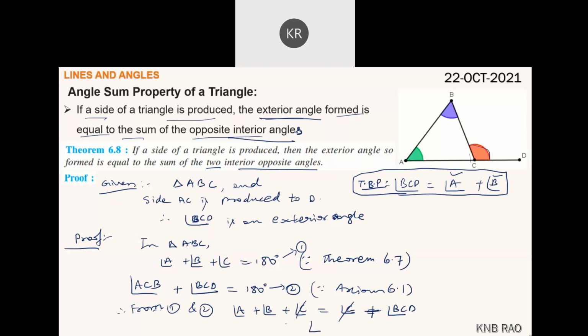So therefore, angle A plus angle B is equal to angle BCD. This is the one to be proved. Thus it is proved. This is how we do this. Theorem 6.8. Clear, children? Put thumbs up if it is clear. Okay, let's go on to the next.